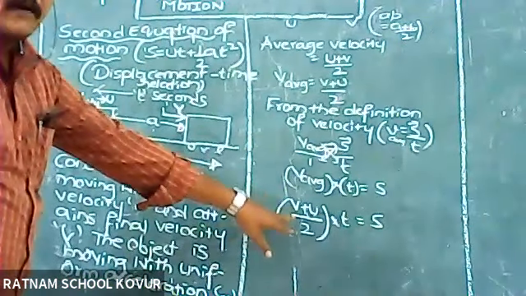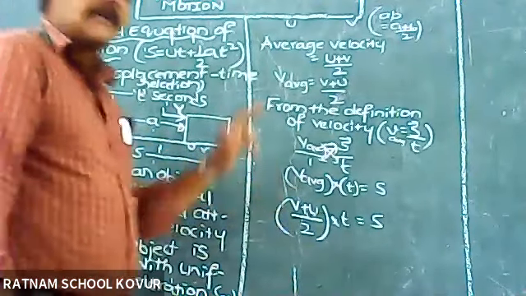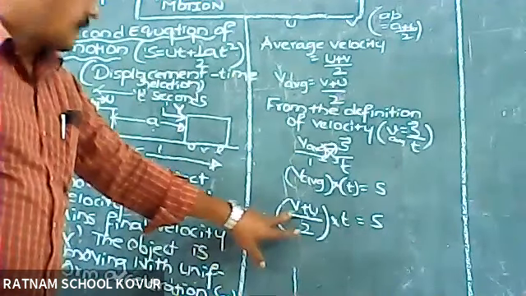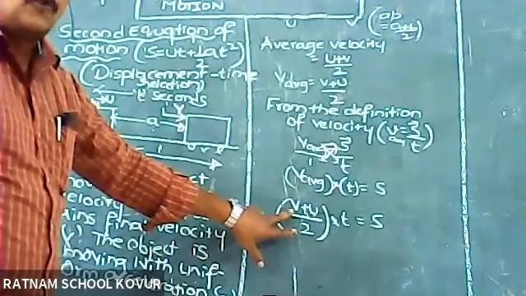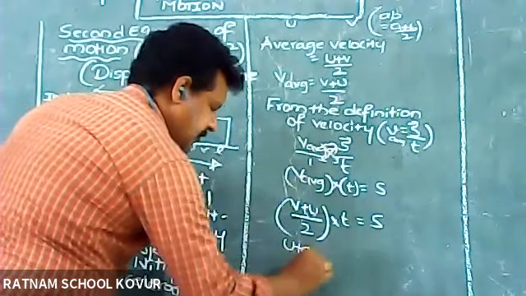Now here, instead of V, I will take the first equation of motion, V is equal to U plus AT. I have replaced V with U plus AT from the first equation of motion.